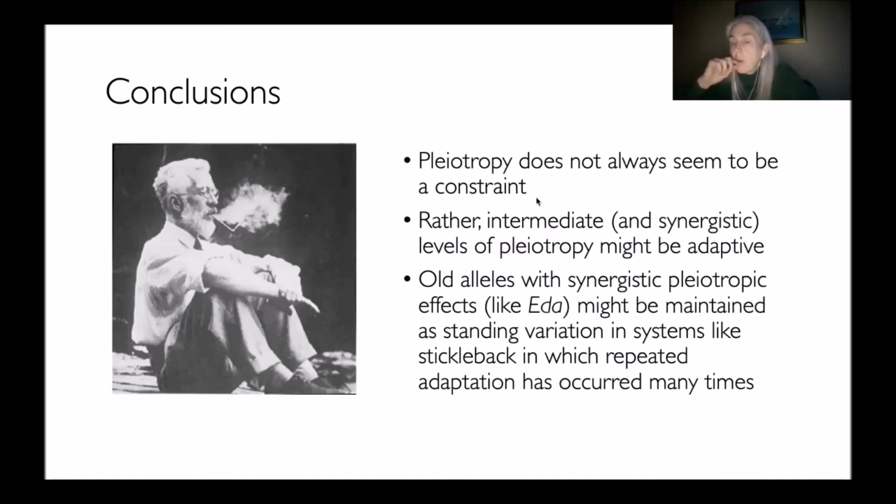It could be that these old alleles have been tested by selection, they have this good or synergistic pleiotropy, and so they're maintained in the system because of that. That may be something unique to sticklebacks, meaning that negative or antagonistic pleiotropic effect mutations are weeded out, and the synergistic pleiotropic effects are the ones that remain.